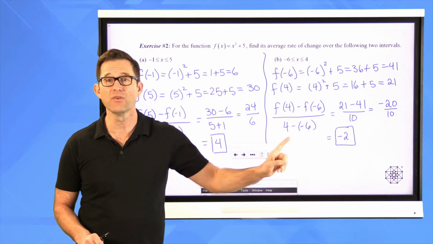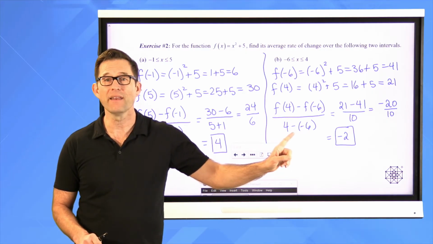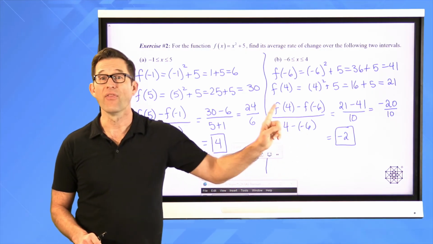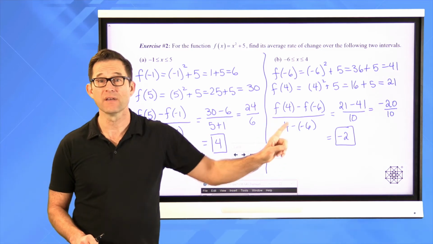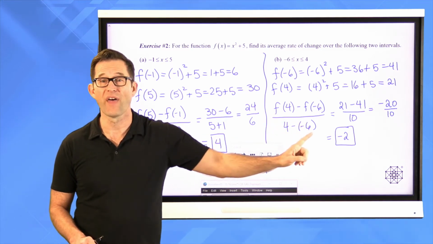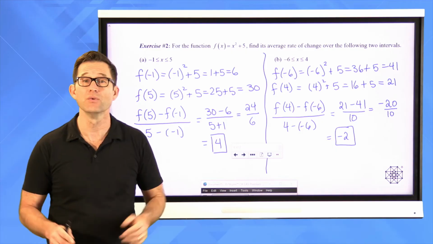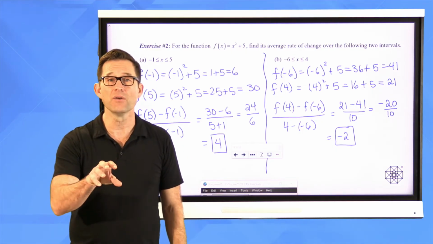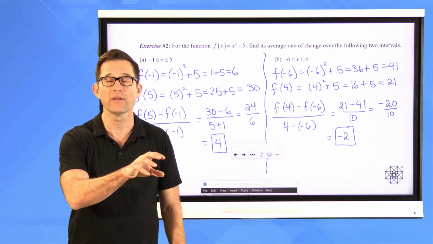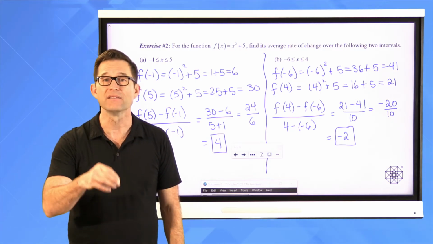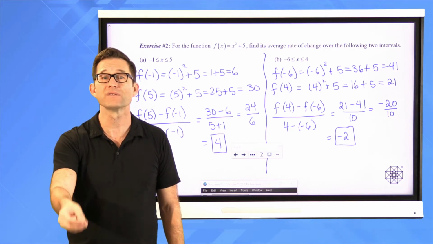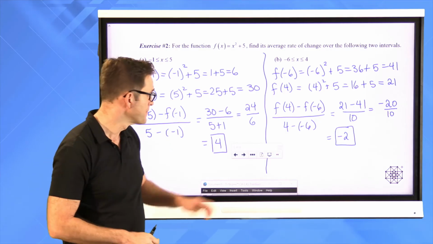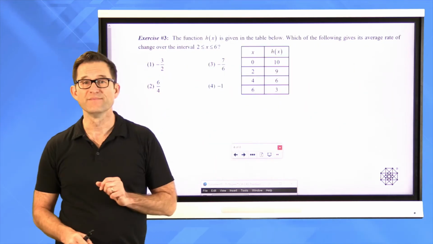I am always going to do the x on the right minus the x on the left, and the y that goes with that x minus the y that goes with that x. All right, I would suggest you do the same. We always want to be thinking about what is the function doing as its input gets larger. Is the function going down or is the function going up?